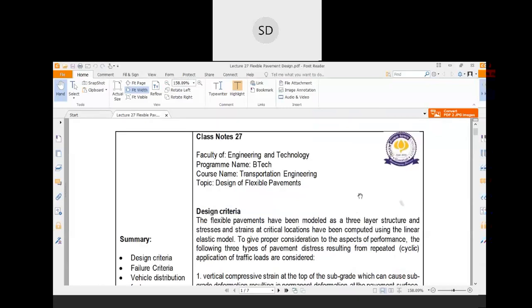So today we will start about design of flexible pavement.